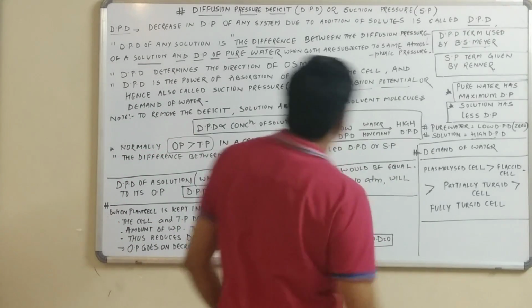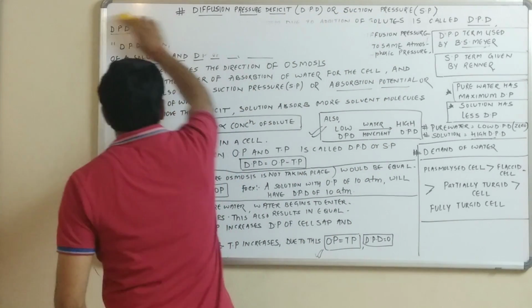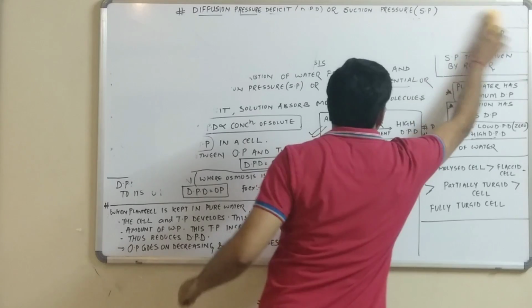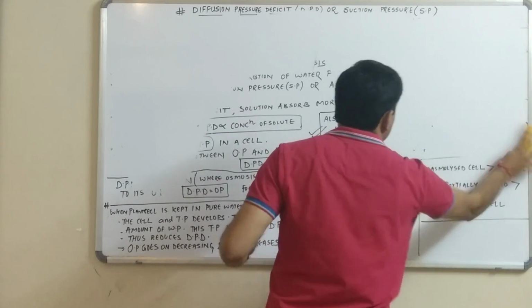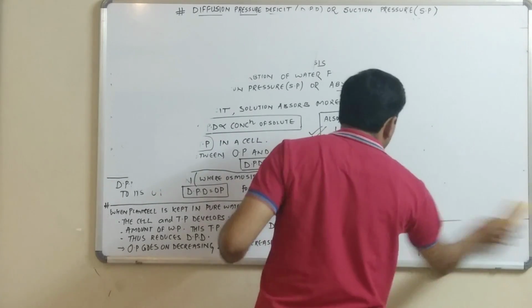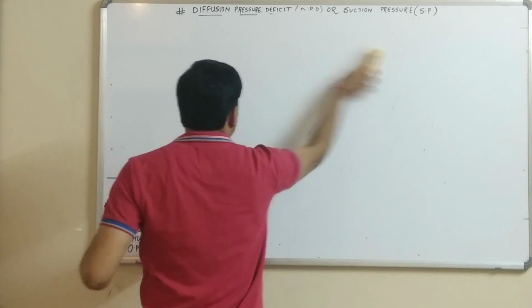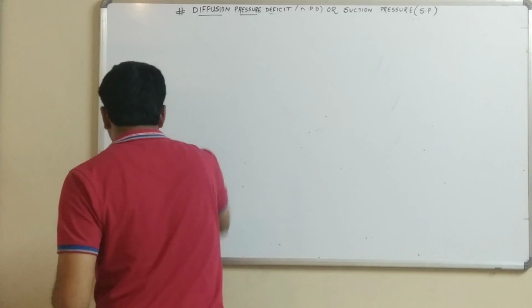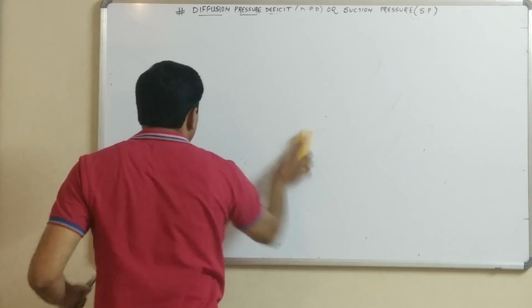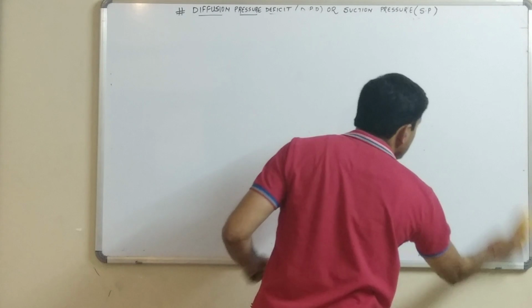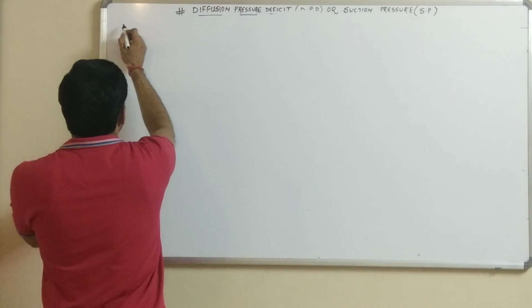Now when we are talking about the diffusion pressure deficit, you must know about the 3 case studies: what is the DPD of a fully turgid cell, what is the DPD of a flaccid cell, and what is the DPD of a plasmolysed cell. So I will be talking about three cases.